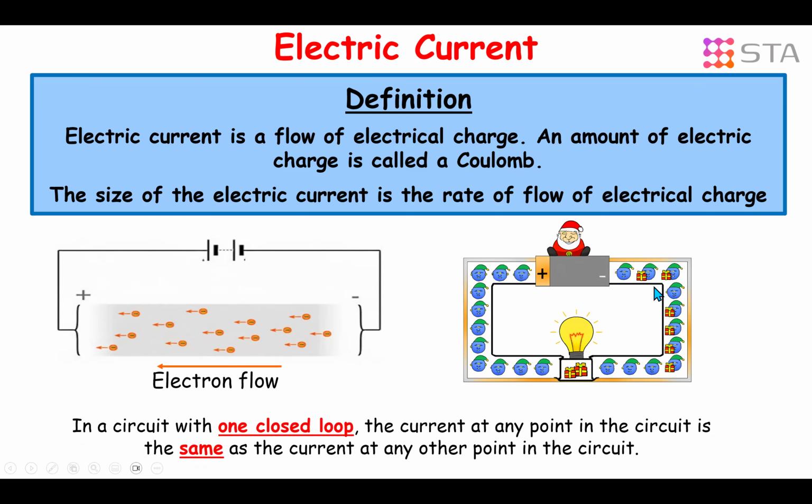So it can actually be measured at any point. Make sure you have written down the definition and any other points that you want to write down. So a current is a flow of electrical charge. The faster the flow of electrical charge, the higher the current. The slower the flow of electrical charge, the lower the current.